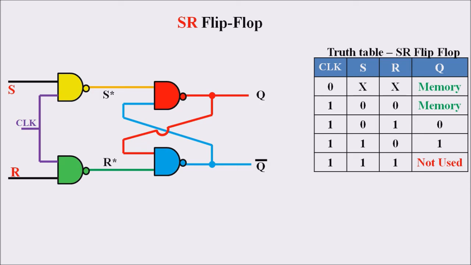Clock equal to 1 and S equal to 0, R equal to 1 results in an output of 0, that is the value will be reset. S equal to 1, R equal to 0 results in an output of 1, that is a set condition. And the 1 1 condition, that is S equal to 1, R equal to 1, will be an invalid condition. So this condition is not used in an SR flip-flop.